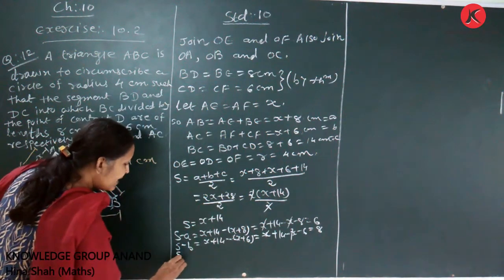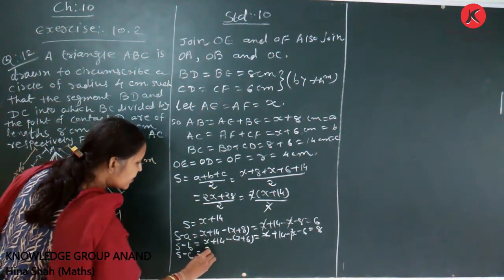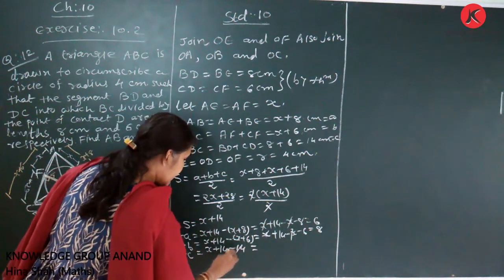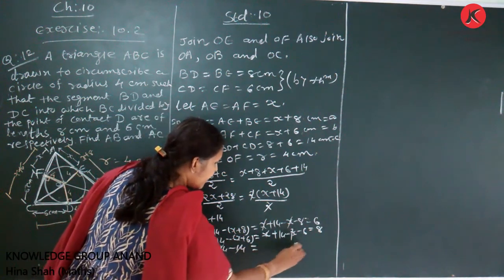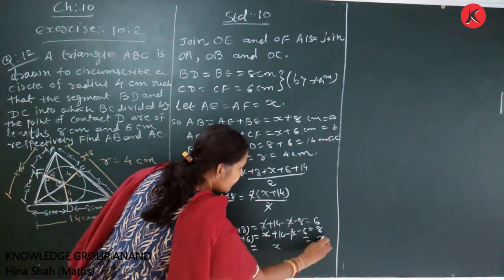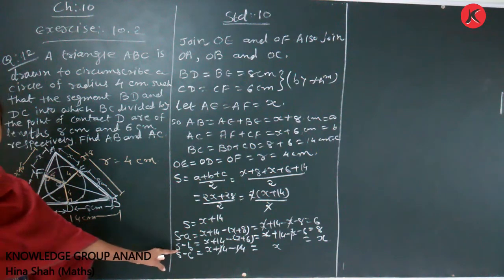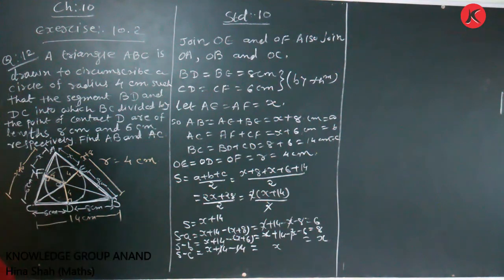And s minus c is equal to x plus 14 minus 14, which is equal to x. Here we have s, s minus a, s minus b and s minus c.